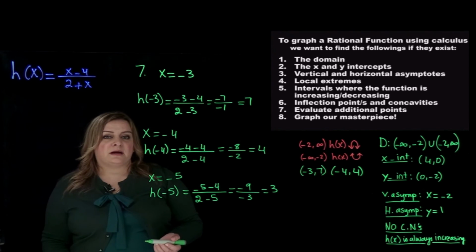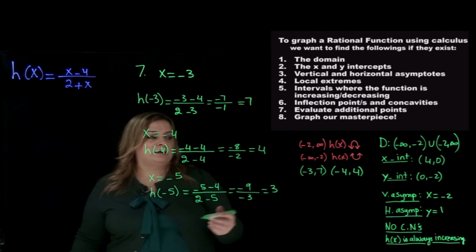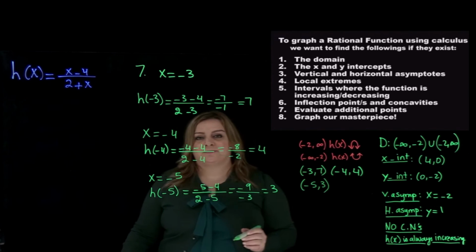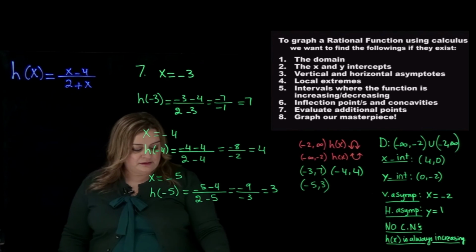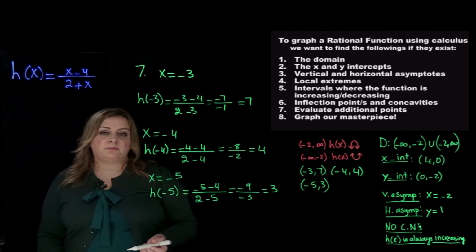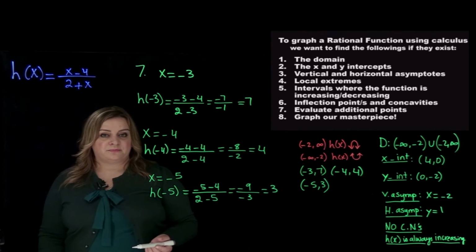So the third point I found to the left of x equals -2 is the point -5, +3. Now I would like to evaluate a couple of points to the right of x equals -2.